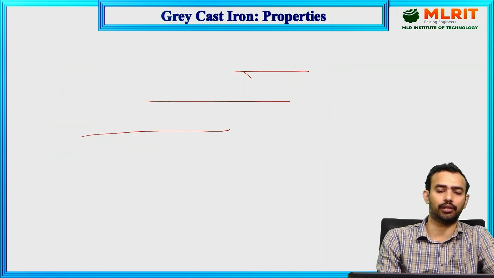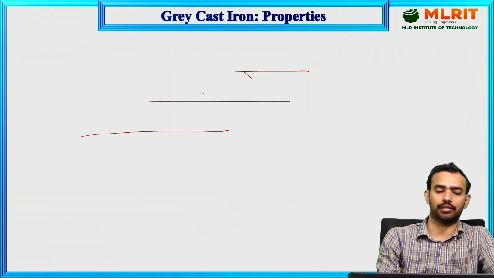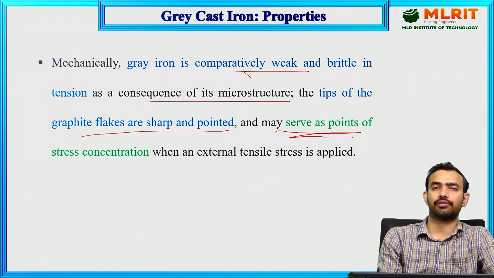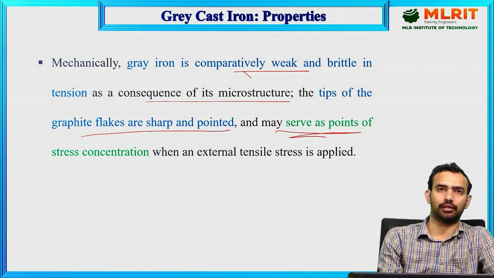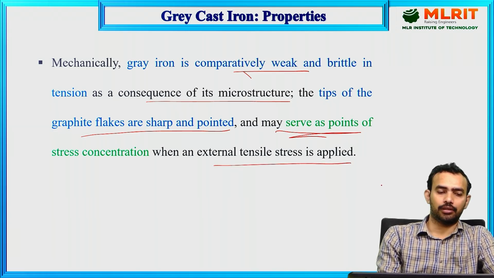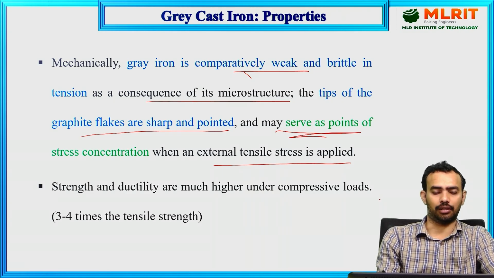So they will serve as points of stress concentration, especially when they are subjected to tensile loading. So grey iron is relatively weaker, comparatively weak and brittle in nature, especially under tensile loading.